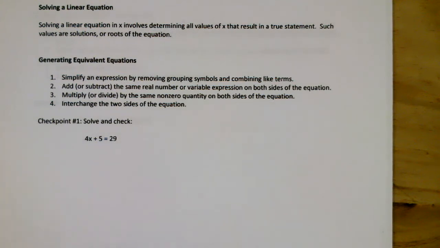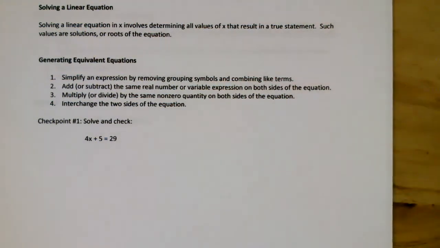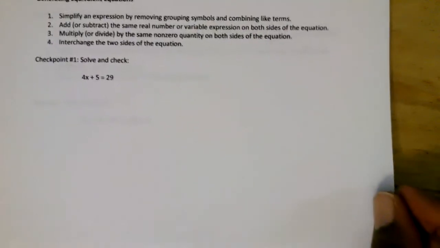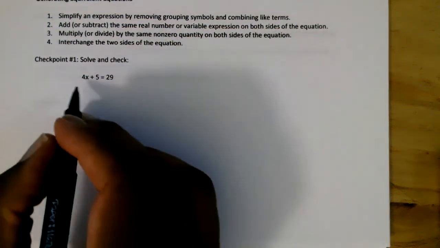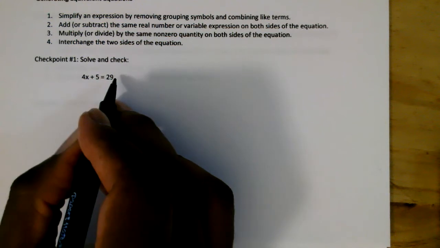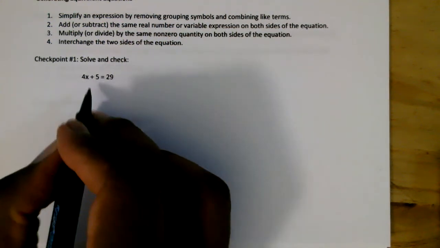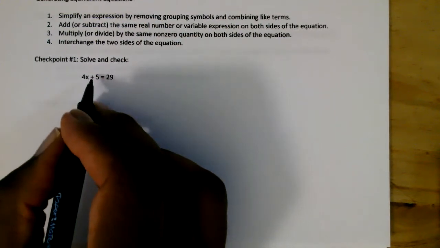In this first example, we have 4x plus 5 equals 29. This is a two-step equation that we want to solve for x. We're taking the value of x, multiplying it by 4, then adding 5 to it to get 29. Now we're going to do the reverse using inverse operations to isolate x.